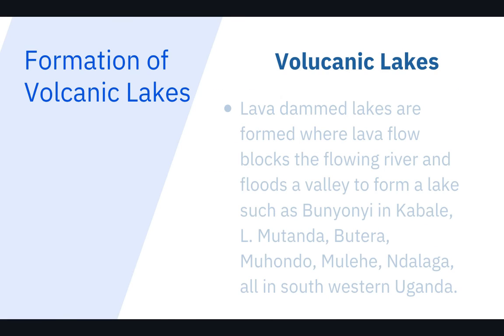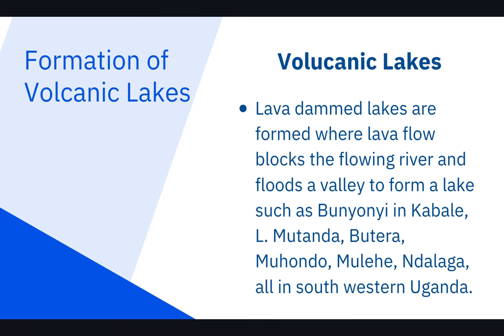We are also saying formation of volcanic lakes. How are they formed? We have lava dammed lakes, which are formed when lava flow blocks the flowing of a river and floods a valley to form a lake, such as Bunyonyi in Kabale, Mutanda, Butera, Muhondo, Mulehi, Ndalanga, all in southwestern Uganda.